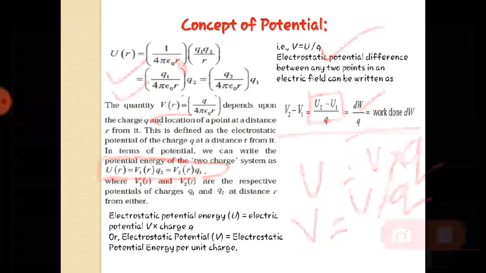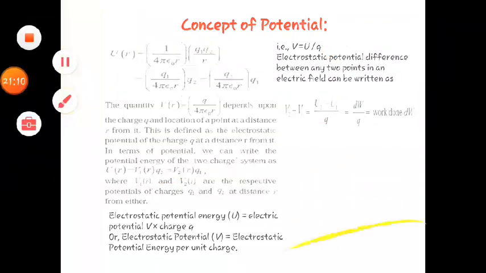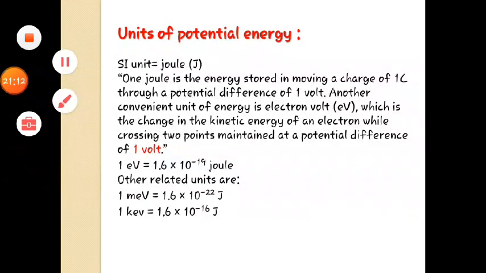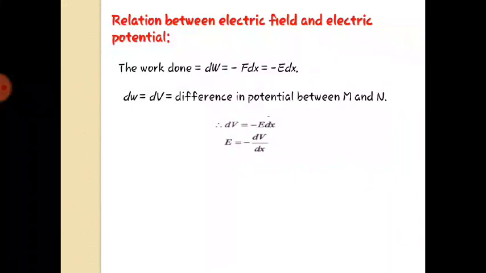Moving towards the next point: relation between electric field and electric potential. Electric field gives you the idea about charges, and electric potential will give you the idea about work done, force applied, change in potential energy.